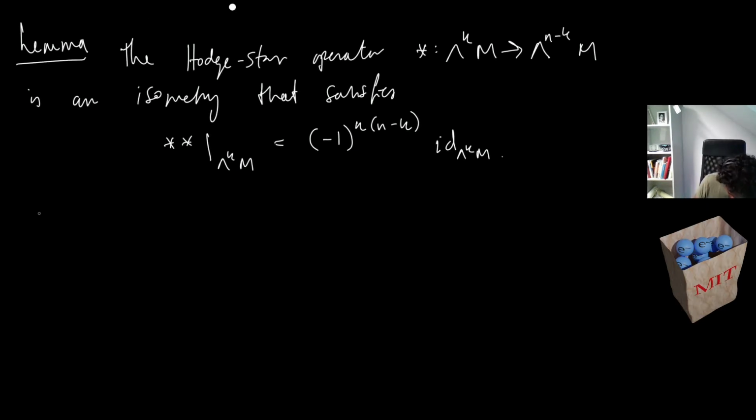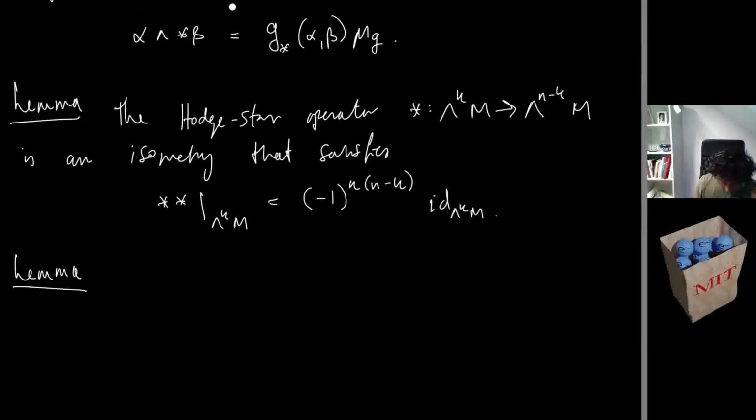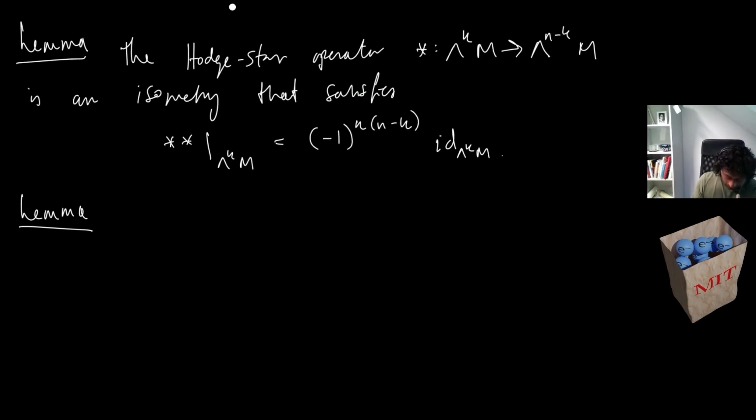So why do I want to think about the Hodge star? Well, the Hodge star allows us to describe the adjoint of the exterior derivative with respect to the metric through a composition of the Hodge star and the exterior derivative. Of course we can see that the Hodge star depends on the metric, and that dependency is exactly encoded in the definition here. So the adjoint also depends on the metric, and this now has a nice way in which we can express the adjoint of the exterior derivative.